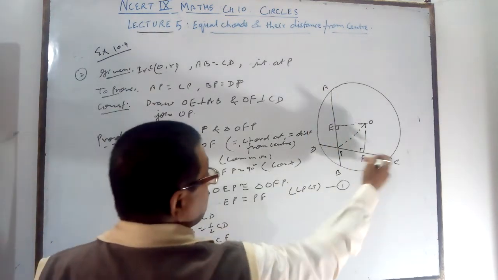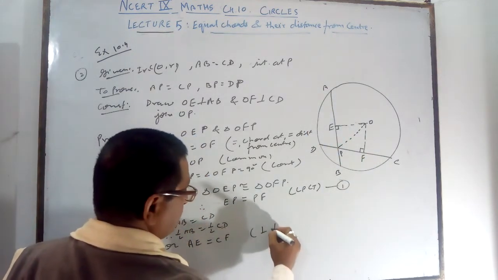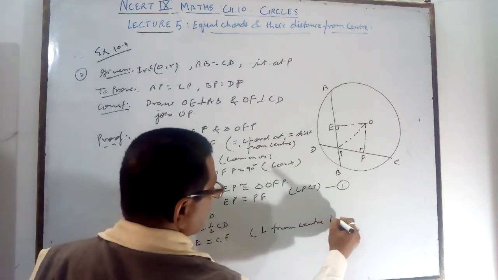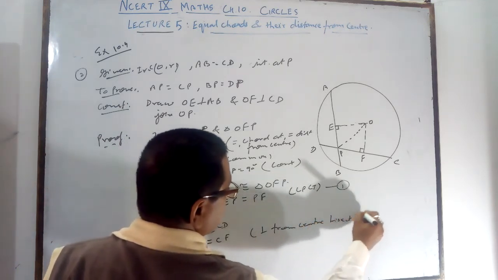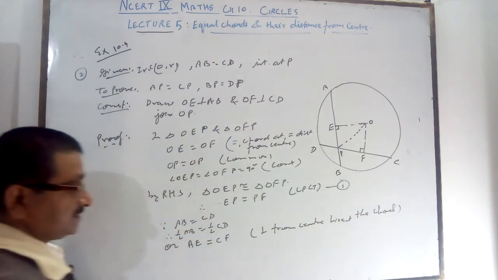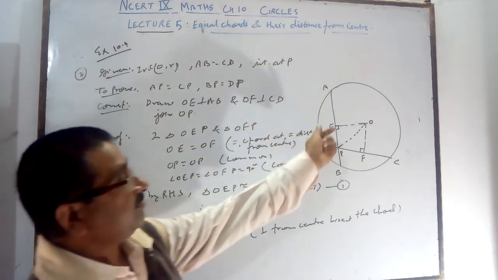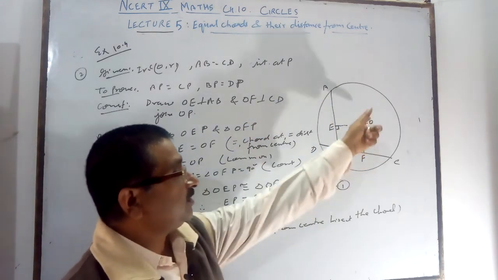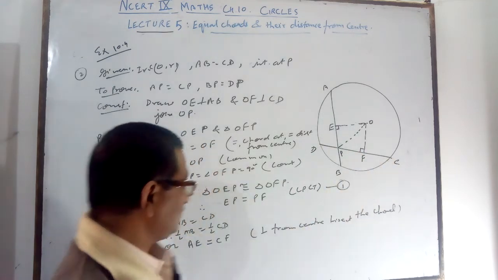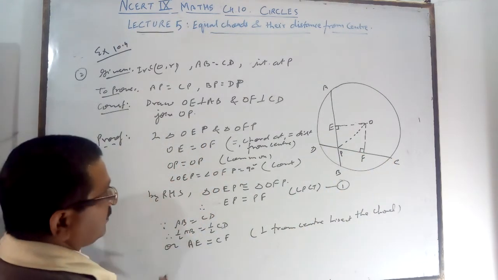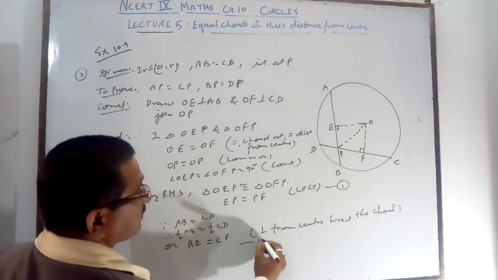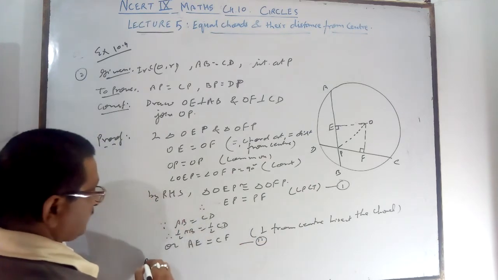Perpendicular from the center bisects the chord. So half AB is AE because OE is perpendicular, and OF is also perpendicular on CD, so half CD is CF. That's why AE is equal to CF. It is the second equation.